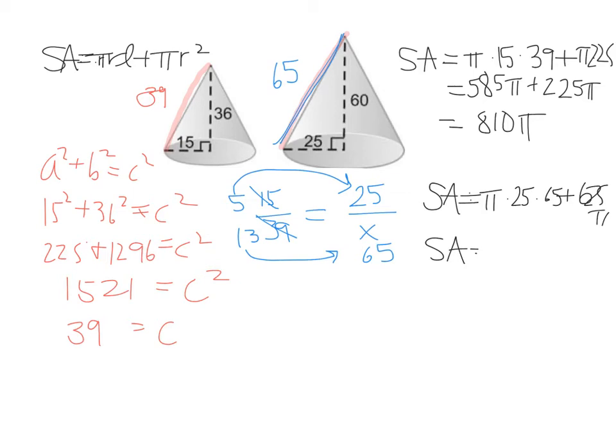So that's 1,625 pi plus 625 pi. And when we add that together, we get 2,250 pi. Okay, so now we just need to bring these numbers, if you were working on scrap paper, back to the paper we were working on so we can create all of our different ratios.